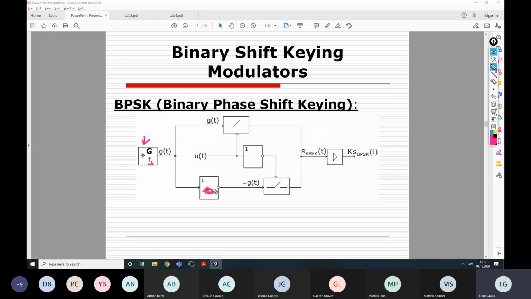So here is the inverter, the analog inverter, same as an operational amplifier, which changes the phase of the signal. So here it's plus SYN signal, here it's minus SYN signal. And in the same way as for binary frequency shift keying, we are operating these two switches, which cannot be open or closed at the same time for both.